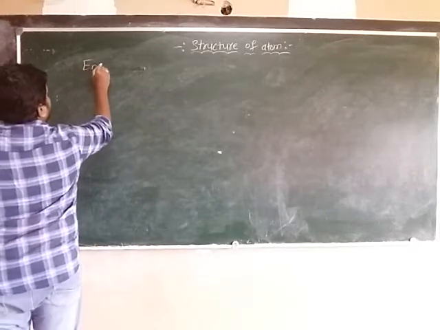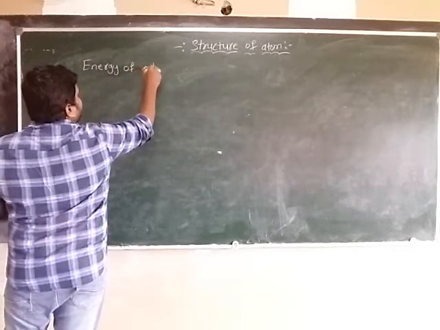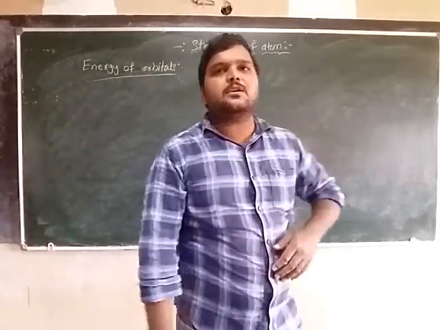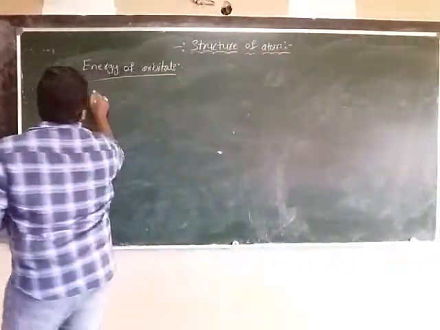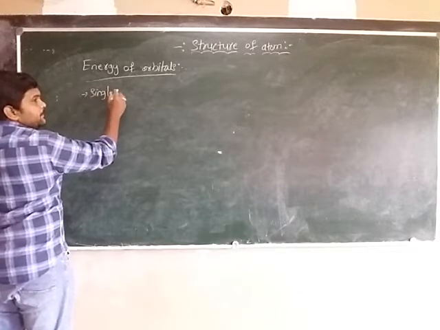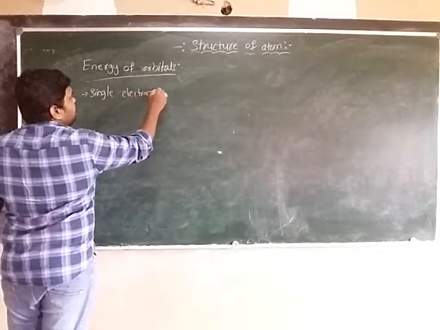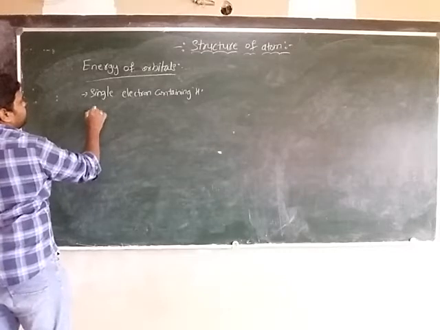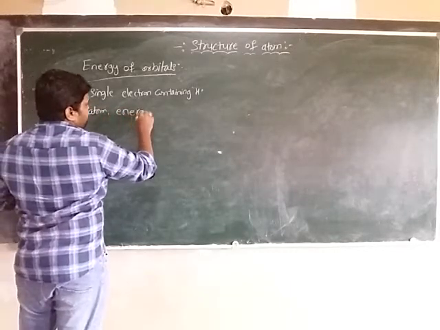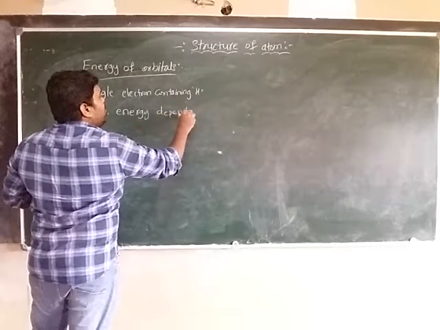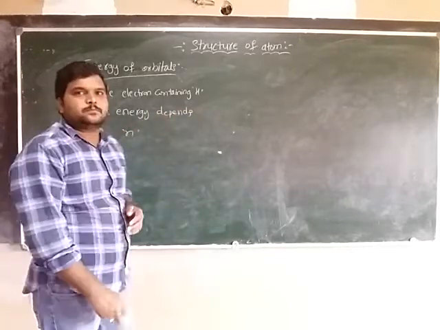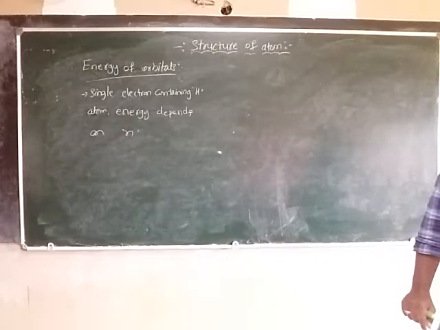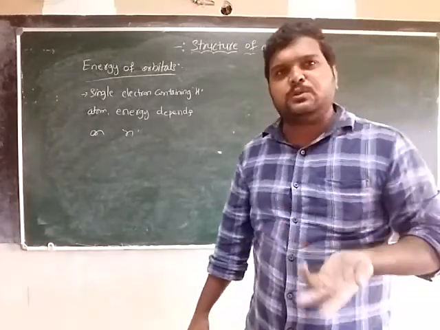What is that? Energy of orbitals. For single electron species like the hydrogen atom, the energy of the orbital depends on the principal quantum number. The energy of the orbital depends only on the principal quantum number, that is n, but not on any other quantum number like azimuthal or any other quantum number.